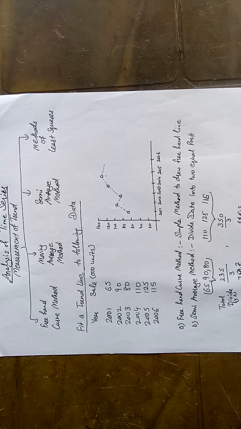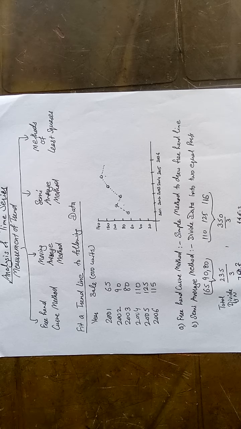But on an average basis, what will be the trend line, or you can say what is the series of activity in the sequence? So the first method is a very simple method, but it is not a systematic method.